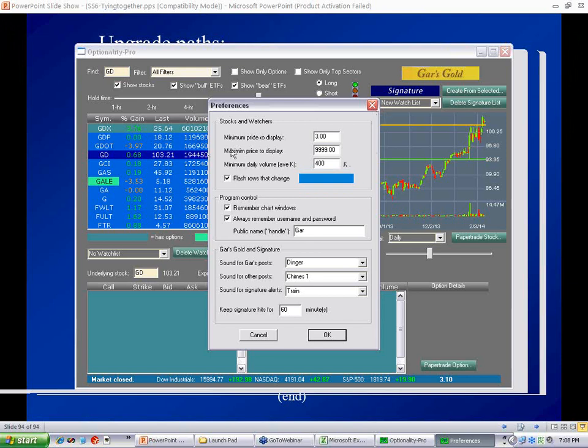By the way, that's only in the master list. Whatever you enter into your watch list or your signature list, it doesn't matter what preferences is set at. You're going to have those in your list no matter what. But if you want to screen by volume in your main list, you can do that with preferences.